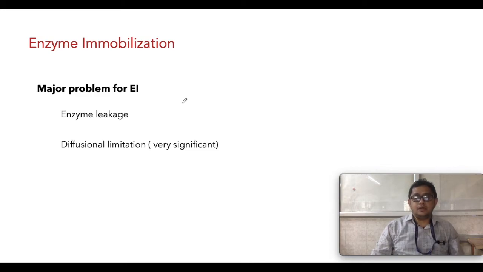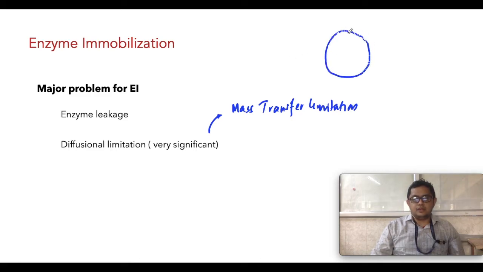The second, most important problem is diffusional limitation. We also call this a mass transfer limitation. What is this mass transfer limitation? Very simple. In the case of the gel entrapment method, your enzyme is present inside the matrix or gel.